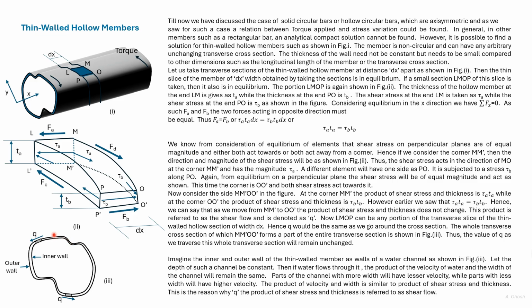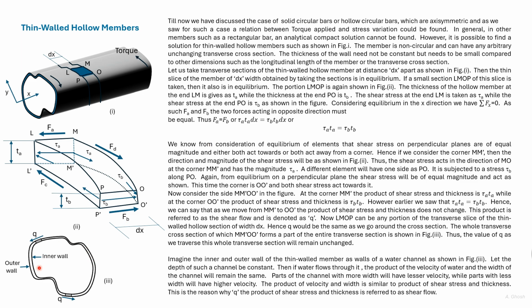We can think of this cross section as that of a water channel with an outer wall and an inner wall and of constant depth. So the depth of the water channel is the same throughout.